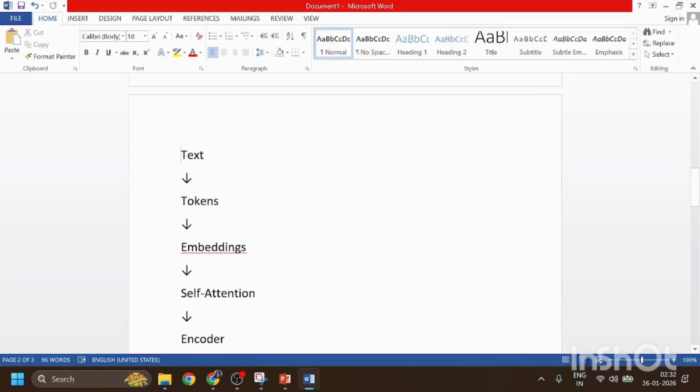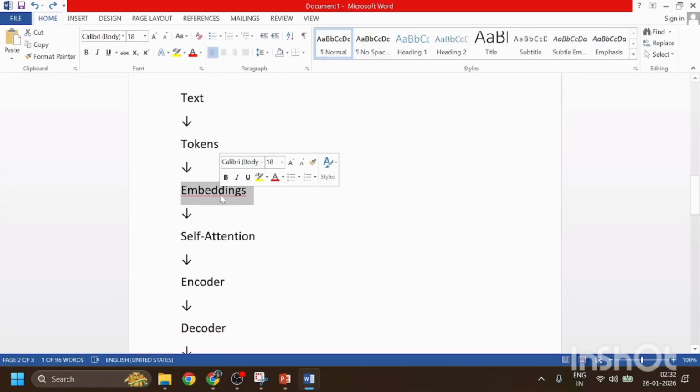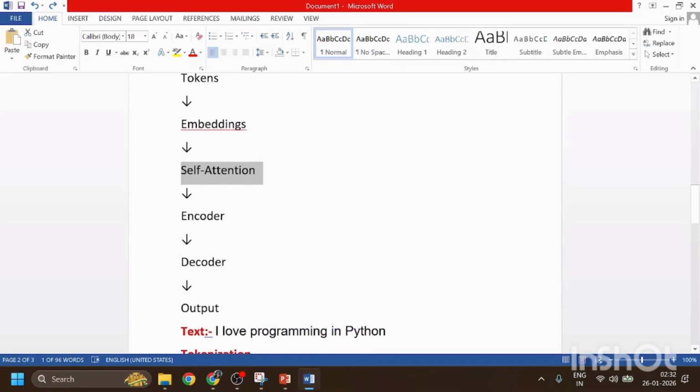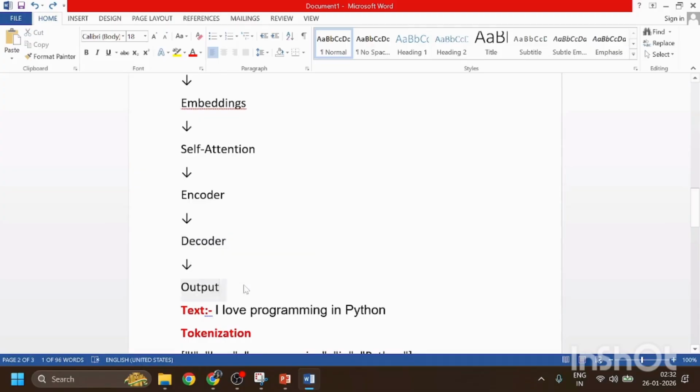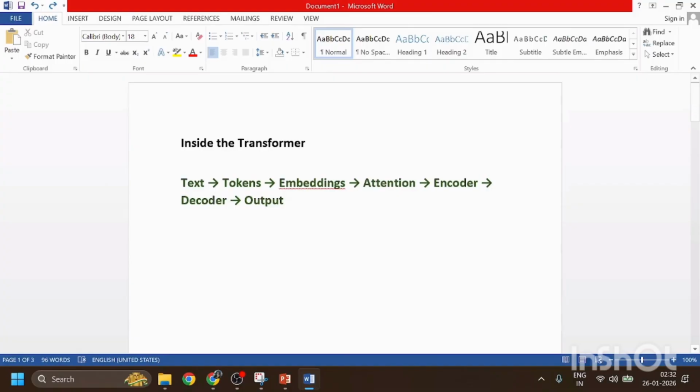First of all, you take one text and do tokenization and embedding. After embedding, you do positional encoding. After this we do self attention. After this we have the encoder and decoder, and finally we get our output. So this is the basic pipeline of the transformer: text, tokens, embedding, positional encoding, attention, encoder, decoder, and output.